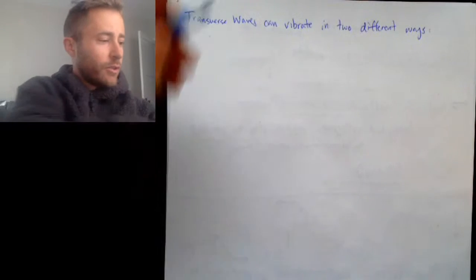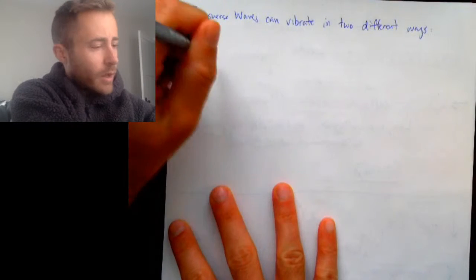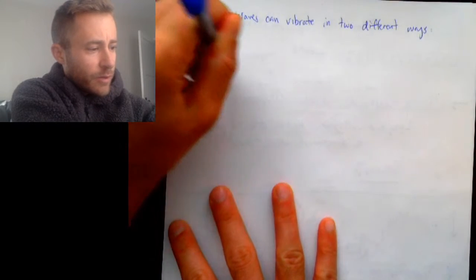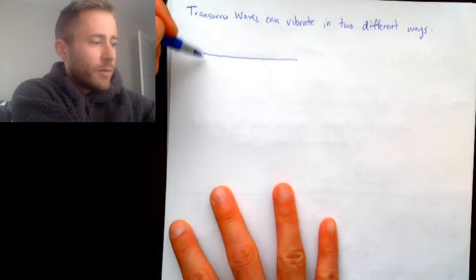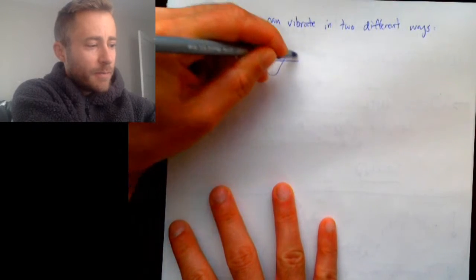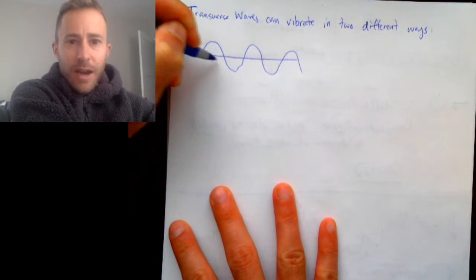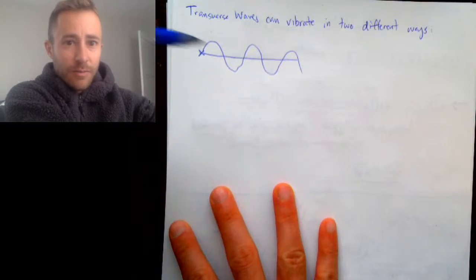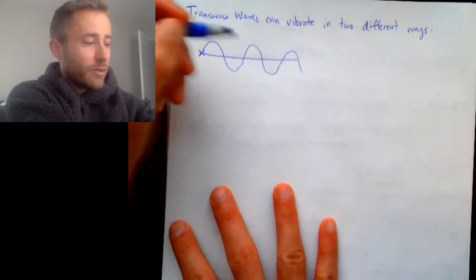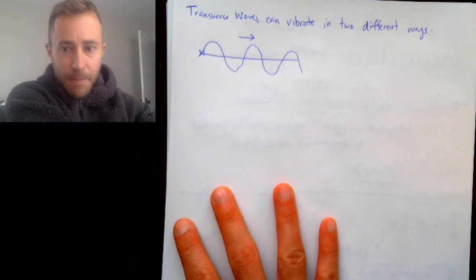So if I have a string, for example, the string could vibrate up and down, or it could vibrate into the page and out of the page, like this. Those are both perpendicular to the direction of wave travel.